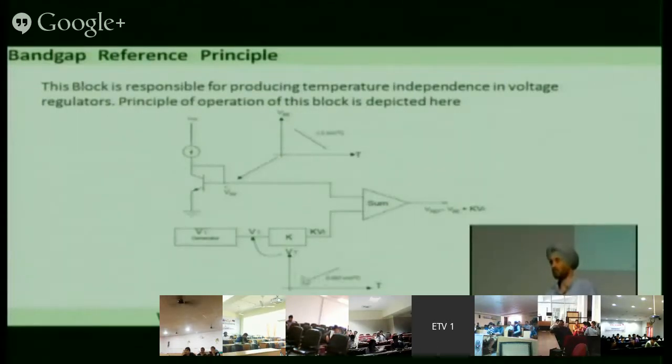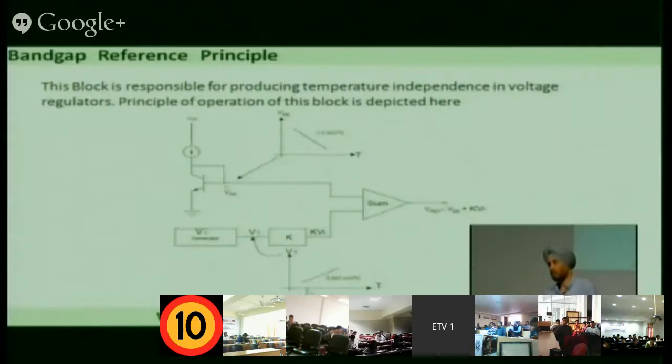This one falls by minus 1.5 millivolt, and this increases by 0.087. So if you multiply this by K, making it plus 1.5, then the fall of minus 1.5 and the rise of plus 1.5 will cancel out. So you multiply by this K and take this output. Now the slope of this signal and the slope of this signal are the same. You feed this to an operational amplifier, or basically you add it, and it becomes 0.